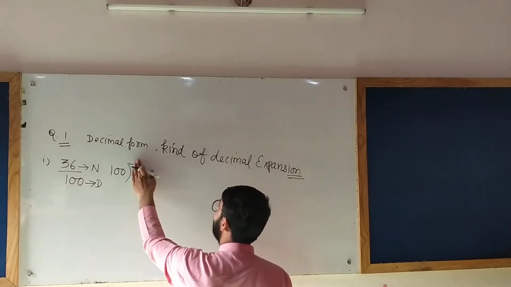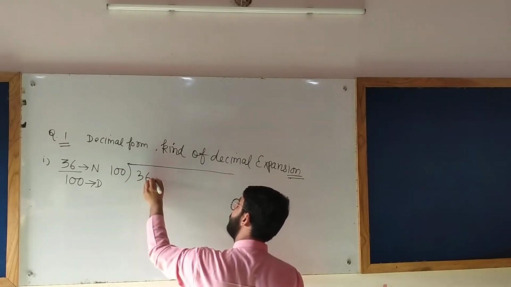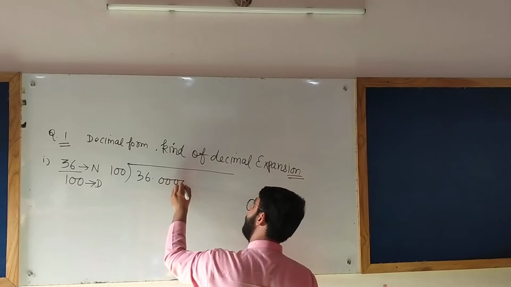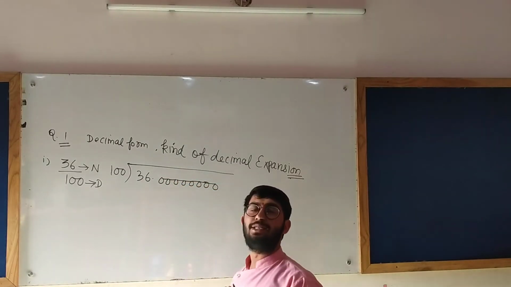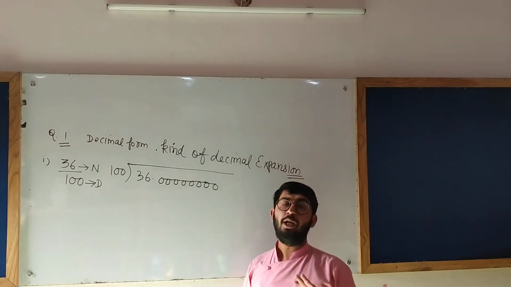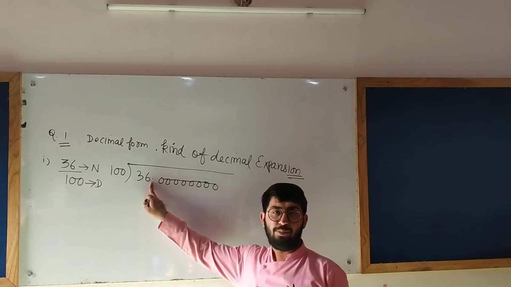We'll have to write 36 as 36.00000000. You may write as many zeros as you require, because 0 doesn't keep any value after the decimal.